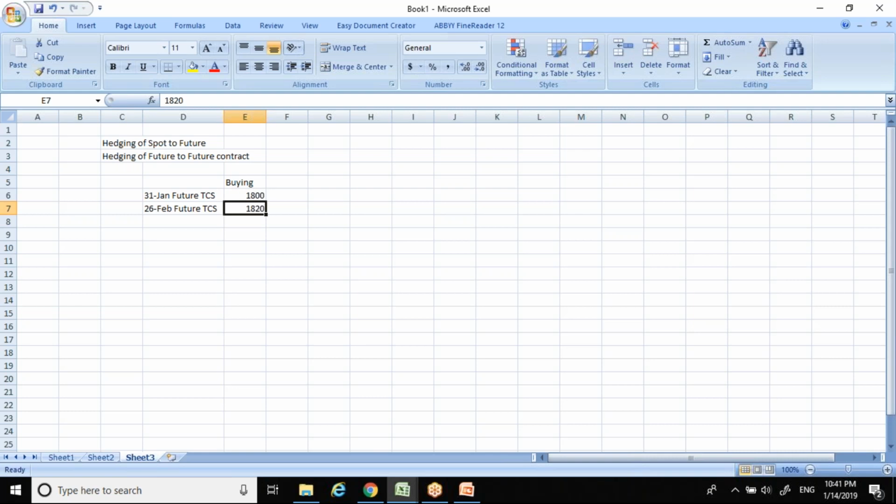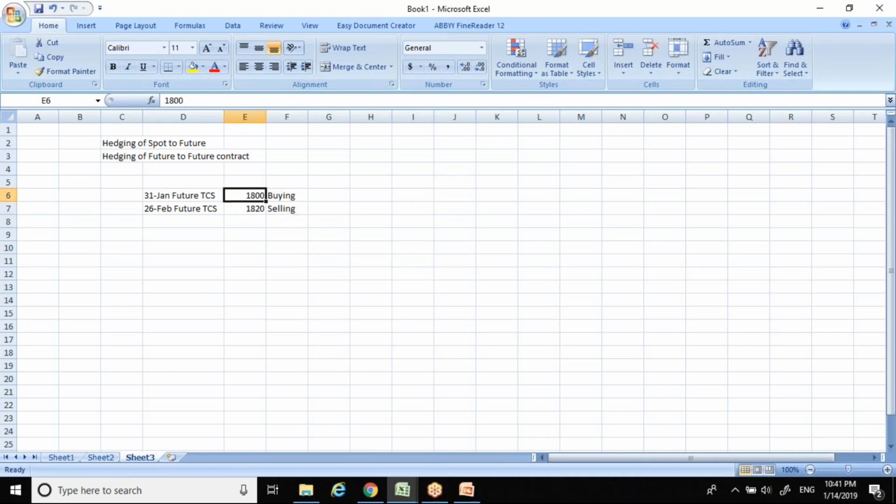And at the same time we are selling the TCS future of the next month. So I'm taking a short position, and I'm taking a long position. I'm buying this one, and selling this one right now. So now this is called a hedged position.